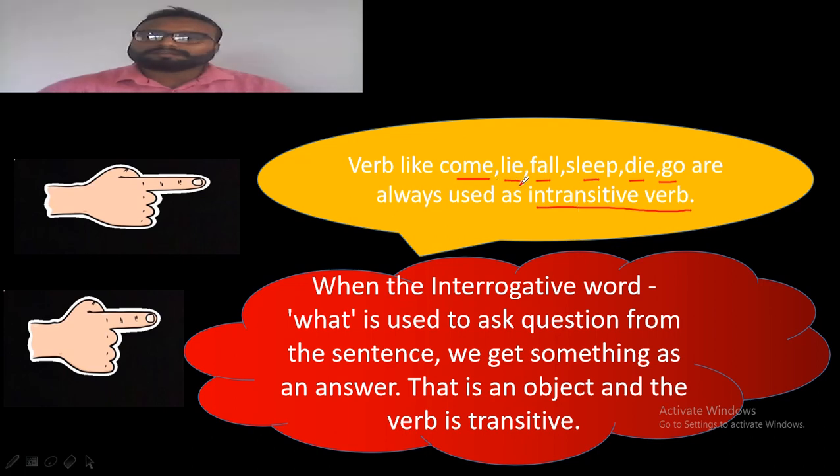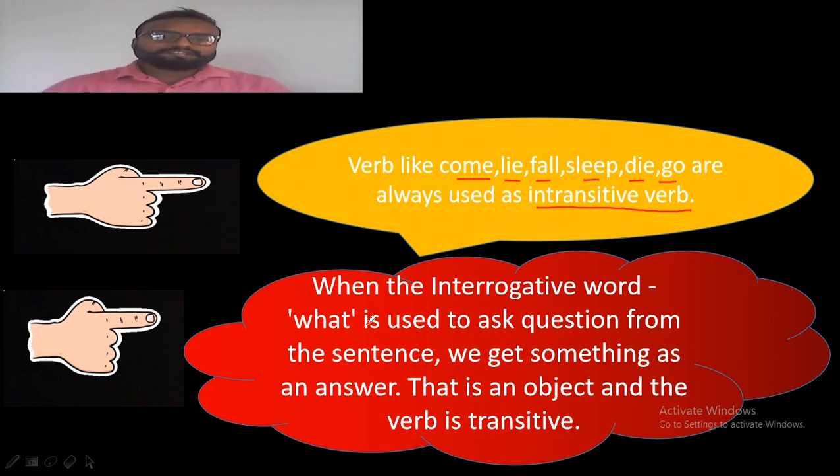Lie here refers to ill things, whatever we do in our life, ill practices. Fall, we get ill. We sleep, we take a rest for certain time, then we die, and then go. So this will be easy for you to learn.